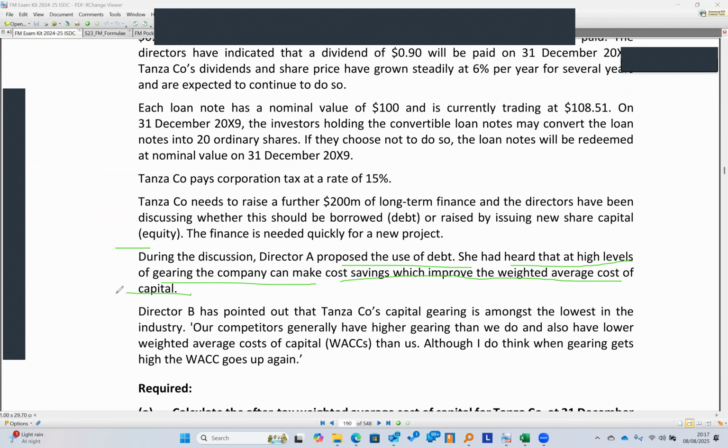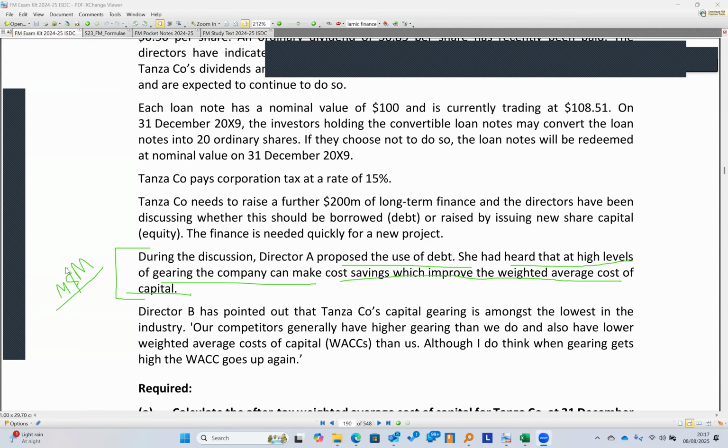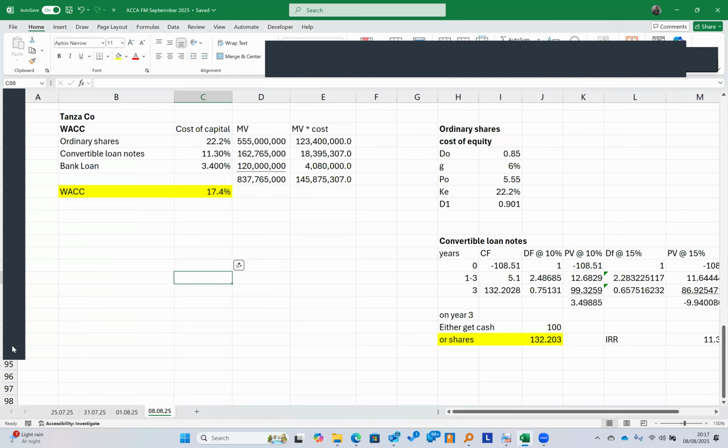Now this one is called the Modigliani and the Miller's theory. I don't know if you guys have seen this in your travels. Have you seen it? Do you know about it? Yeah. Okay. Yes.